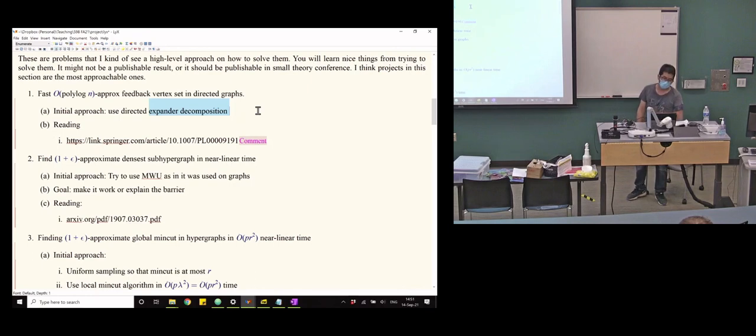And I think that if you generalize the notion to directed graphs, and we can talk about what it should be, you should be able to solve this maybe with polylog approximation in linear time. So that is kind of nice, and if you can solve it with log-n approximation and still fast, I think that's a good result. Yeah.